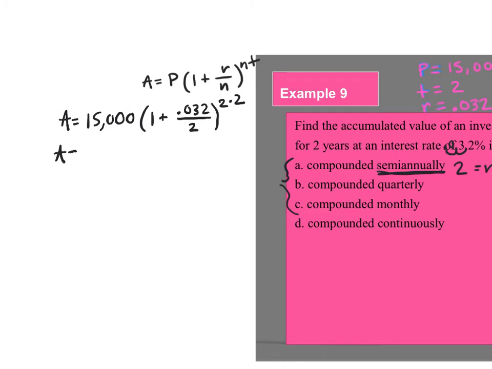Now it's important here that we just follow the order of operations, so we have to do everything inside of our parentheses first. So we're going to divide 0.032 by 2. So this is 1 plus 0.016, so it would be 1.016 raised to the power of 4.